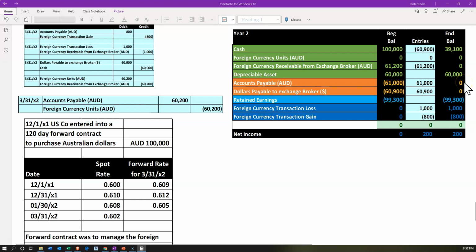So then we have the accounts payable back down to zero, the dollars payable to the exchange broker back down to zero, retained earnings now reflecting the change. It was 100,000. It now reflects the changes that happened in year one for foreign currency gains and losses that rolled into retained earnings. And in the current year, year two, we see the current year gains and losses, which would of course affect the net income.